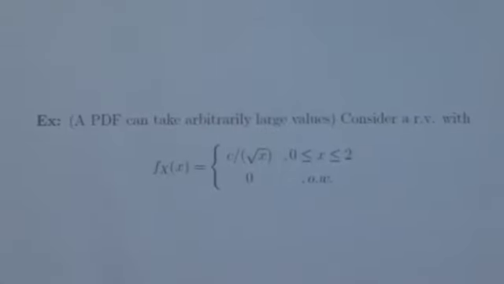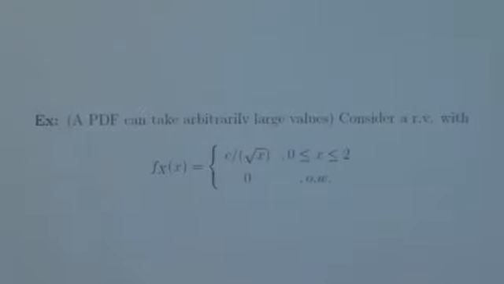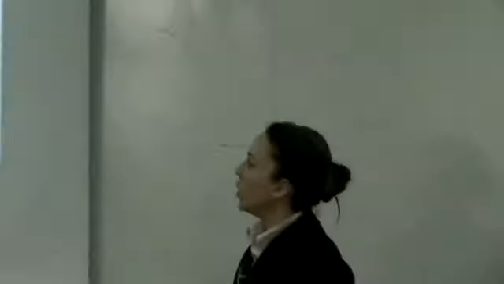Yes, it can. Here's an example. fx of x, in the example, is c over square root of x. There's a typo in this view graph. In your notes, it's corrected.